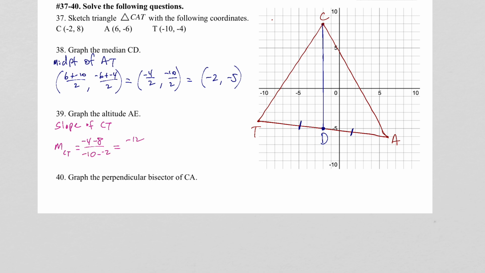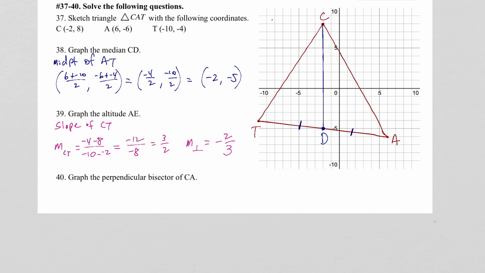So this is negative 12 over negative 10 plus 2, which is negative 8. So this reduces, by dividing by negative 4, to 3 over 2. So I know the line perpendicular to that is the opposite reciprocal, which is negative 2/3.